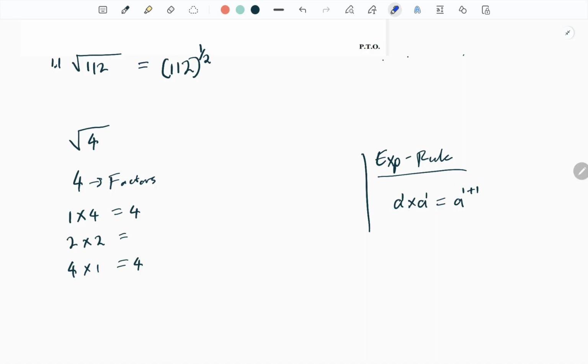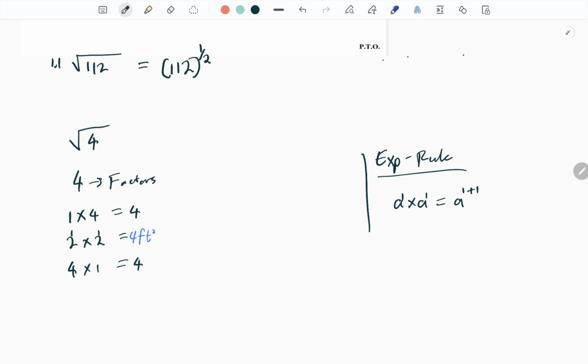Okay, so that's also true for numbers. If we have 2 times 2, which is the base again, any number is raised to the power 1. So we can write power 1 and power 1.